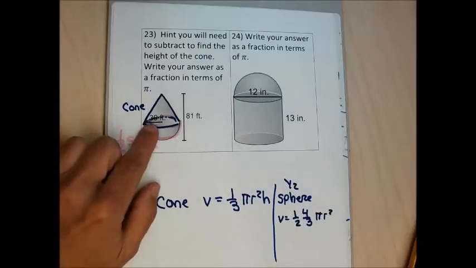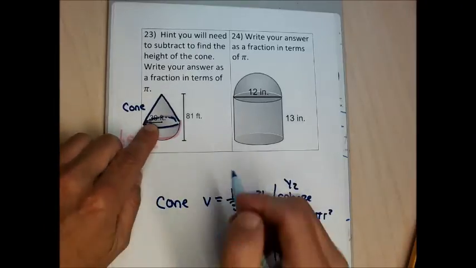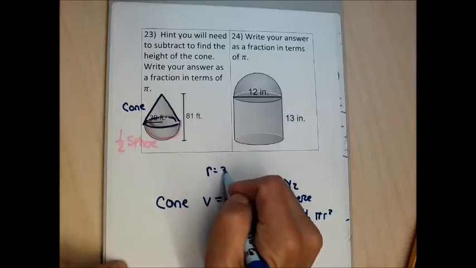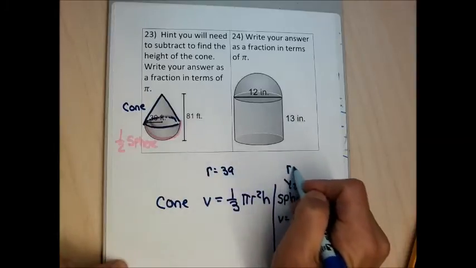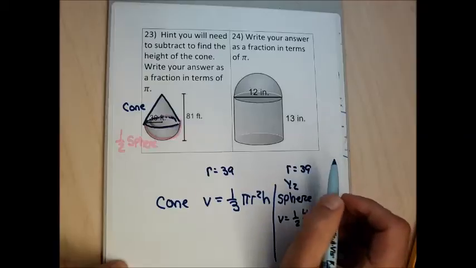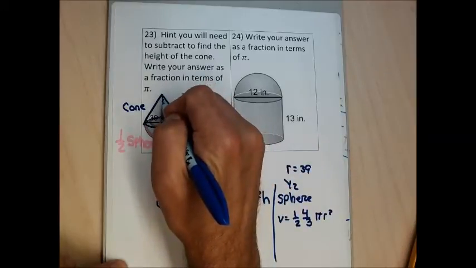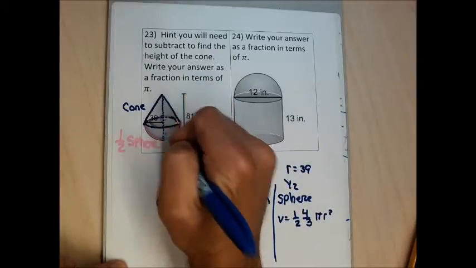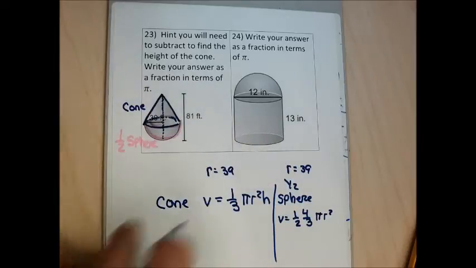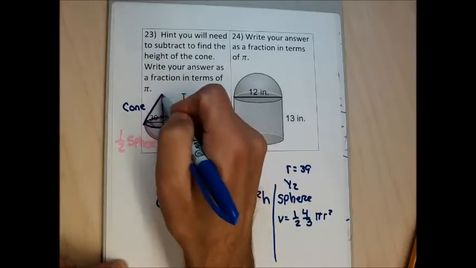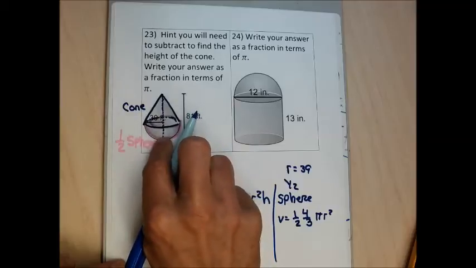I've marked it up a little bit, but the r for both of these is going to be 39. The unfortunate thing is the 81 is not the height. This 81 goes from the very top of the cone to the very bottom of the sphere.